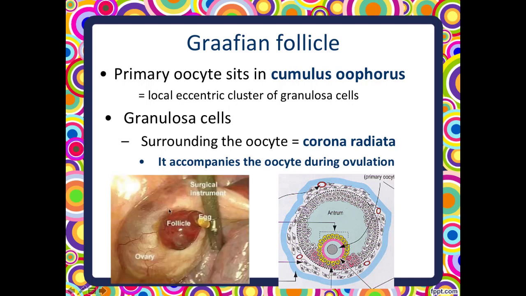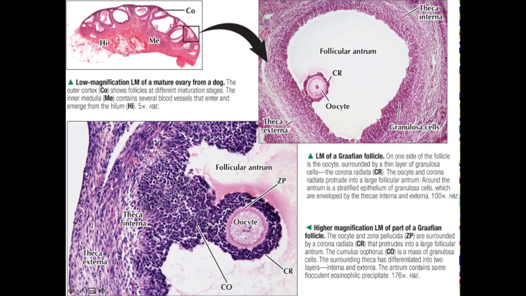This is the ovulation. You can see again the bulging to the ovarian surface as the stigma folliculi and the ovulating egg. So this is the Graafian follicle with one follicular antrum filled with follicular fluid, and this is the cumulus oophorus with oocyte and corona radiata. These structures are released during ovulation.